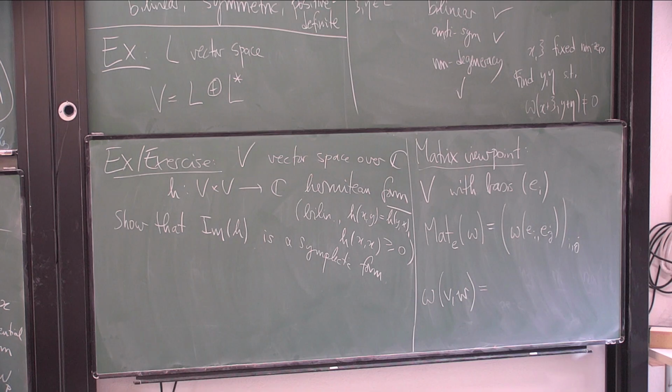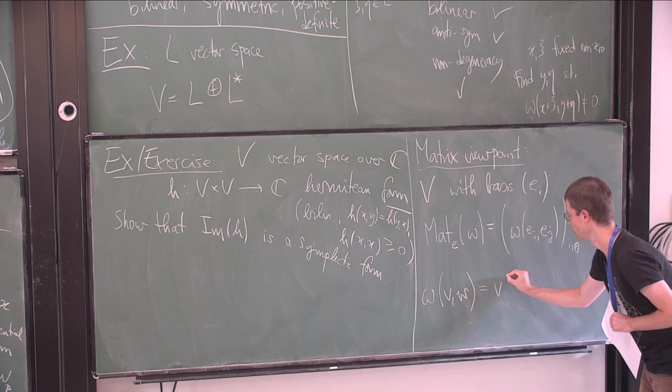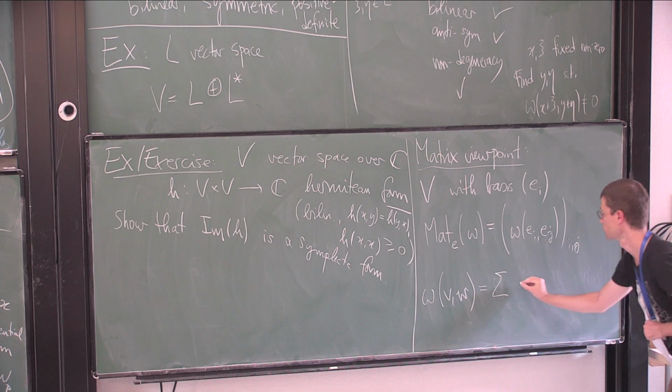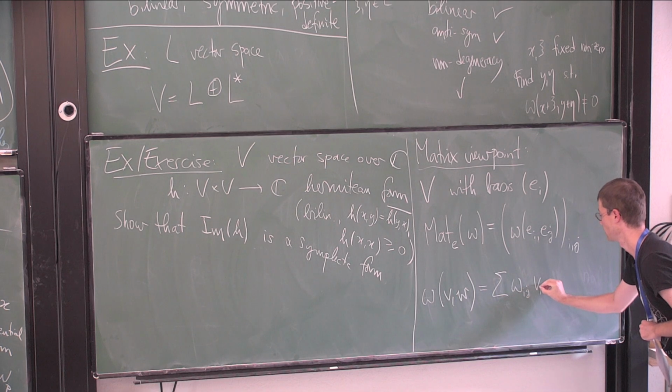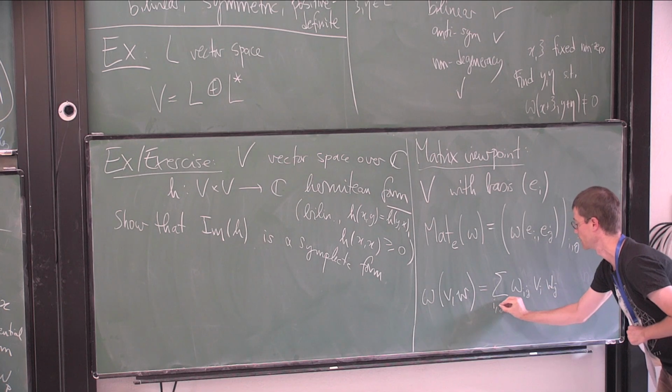So what you should do is, in coordinates, this formula looks like this: you have omega_ij, you take v_i w_j, sum over i, j.